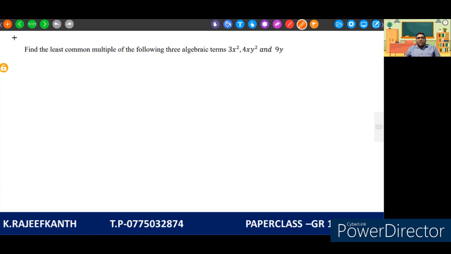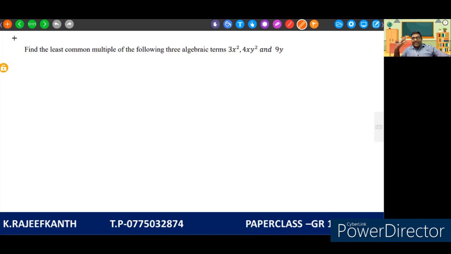Find the least common multiple of the following three algebraic terms: 3x squared, 4xy squared, and 9y. You have to find the LCM. So first you find the LCM for the numbers.